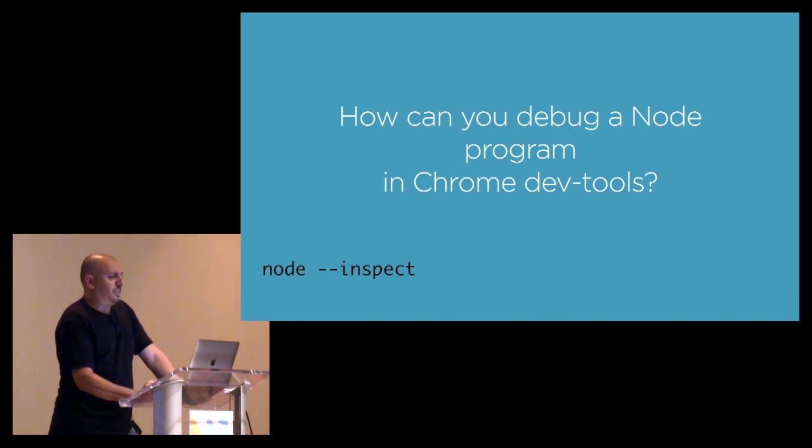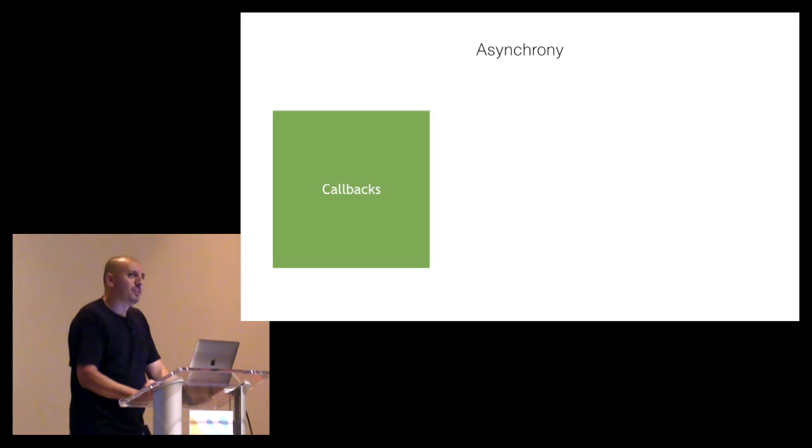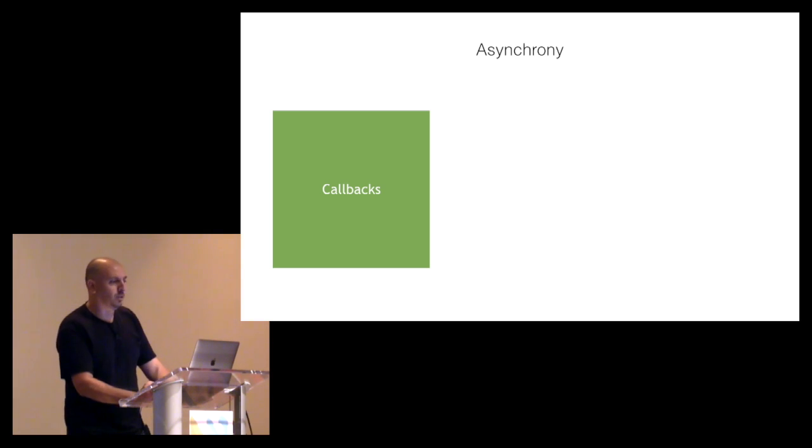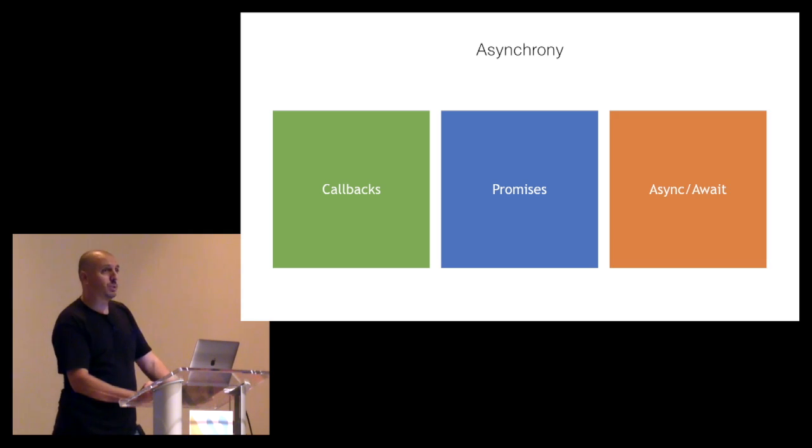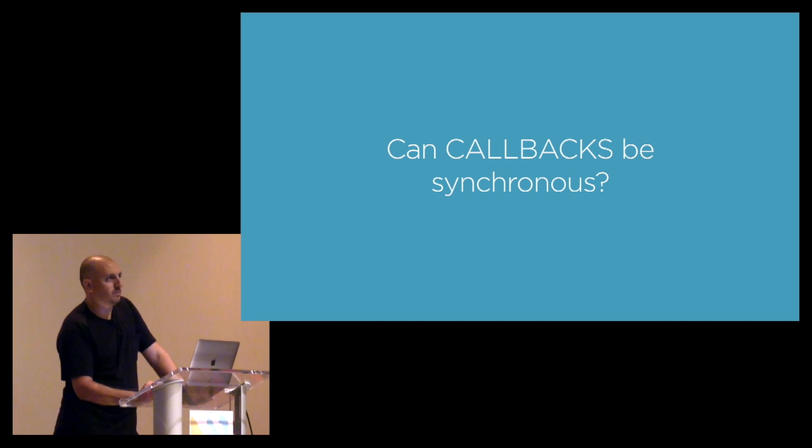Let's talk about asynchrony. So we know that originally, Node is all about callbacks. We know now JavaScript has promises, which are cool. And as of recently, there's also async/await to handle promises, which is cooler. Here's my question about callbacks. Can callbacks be synchronous? And the answer is yes.